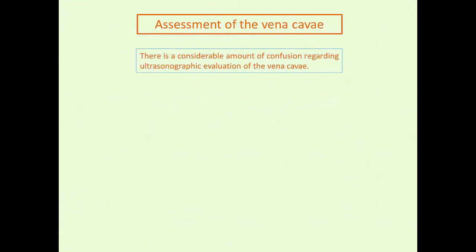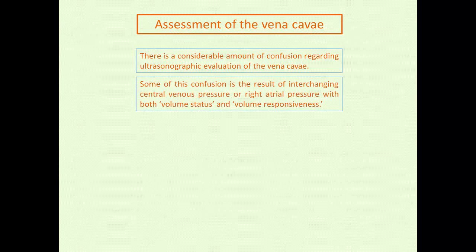There is a considerable amount of confusion regarding ultrasonographic evaluation of the vena cava. Some of this confusion is the result of interchanging central venous pressure or right atrial pressure with both volume status and volume responsiveness. Hopefully by now you realize that volume status is a clinical diagnosis. It cannot be made by any one simple test, and it is depicted on the Guyton analysis by your venous return curve.